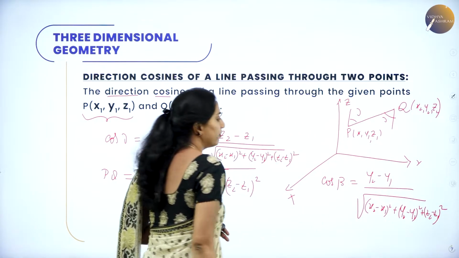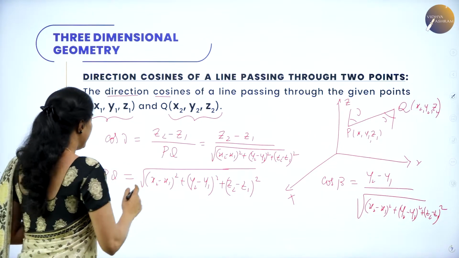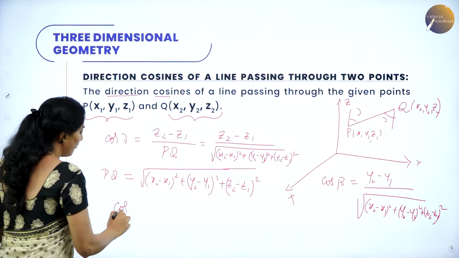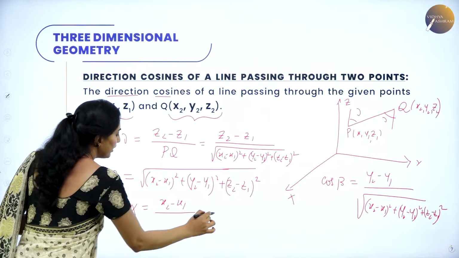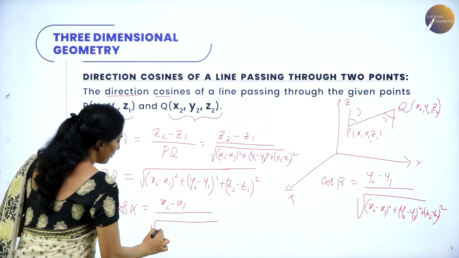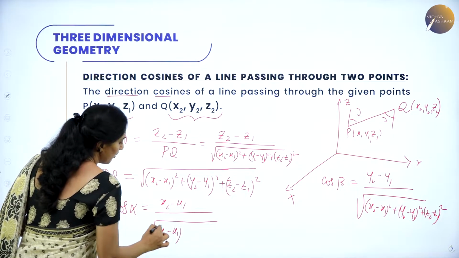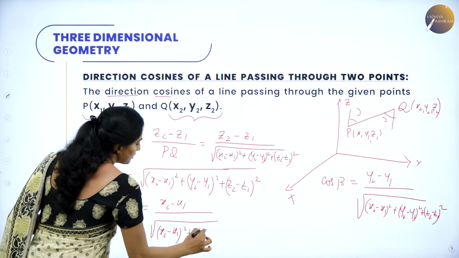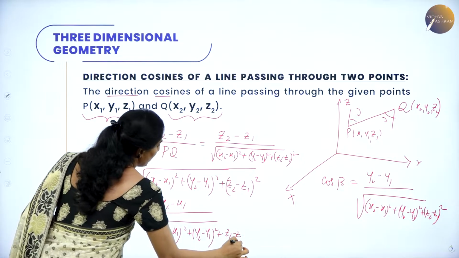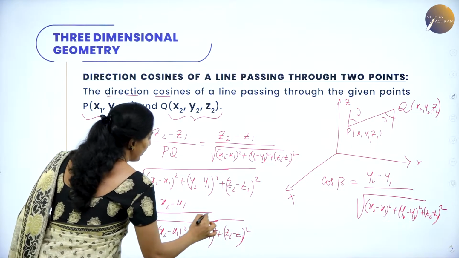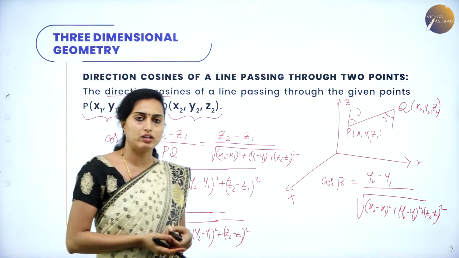Next we'll take cos alpha. What is cos alpha? It is x2 minus x1 divided by PQ, the root of x2 minus x1 whole squared plus y2 minus y1 whole squared plus z2 minus z1 whole squared. And all this is very important to remember to solve the problems.